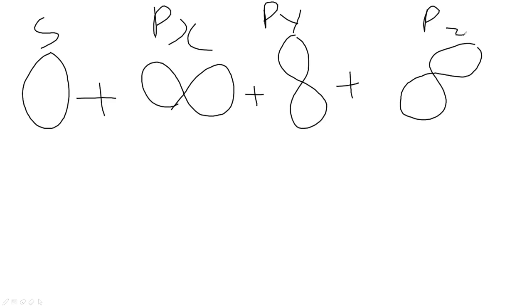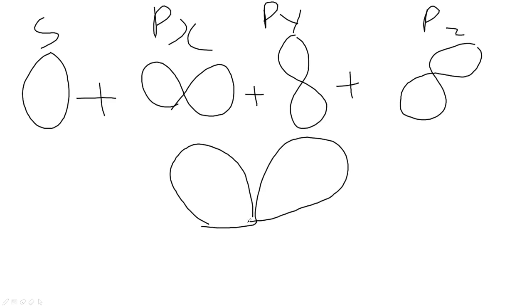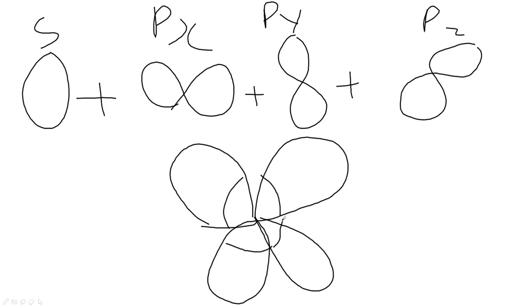Now, when all of these mix, they form a tetrahedral shape like this. The s orbital is always in the middle, and this is what they form. This is the shape. If they ask you to represent it diagrammatically, we have to represent it in that way. An example is, like I said, alkanes, which have 4 bonds.